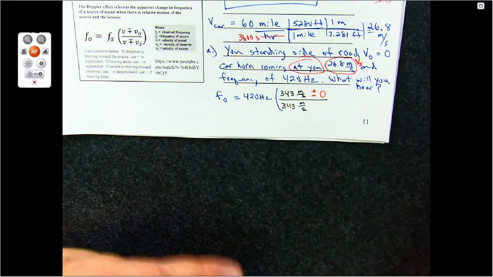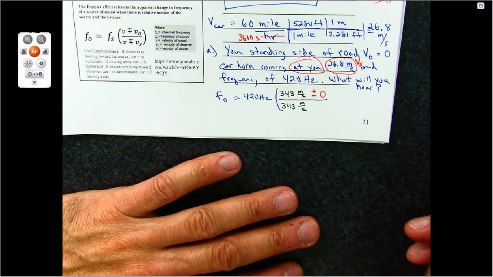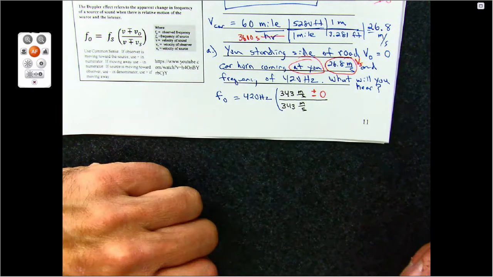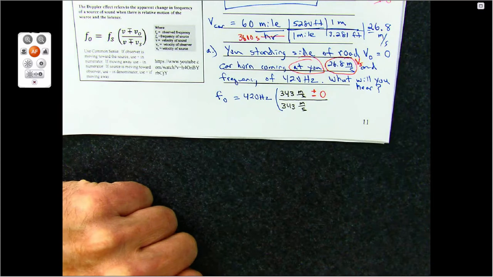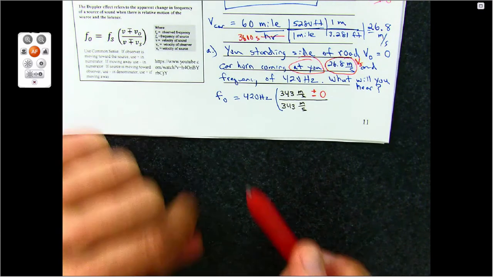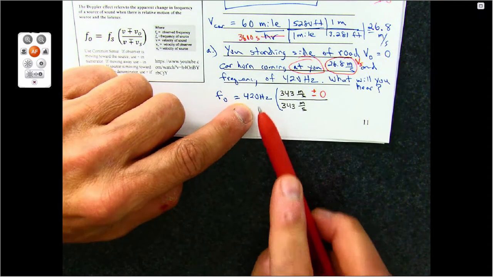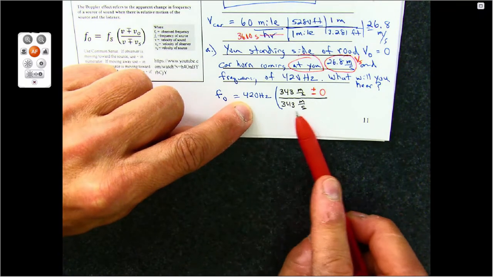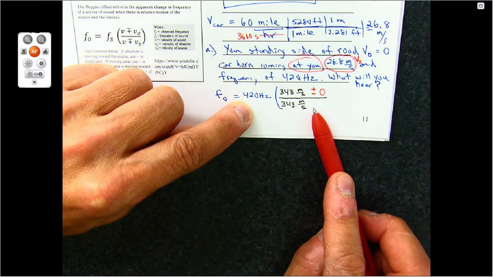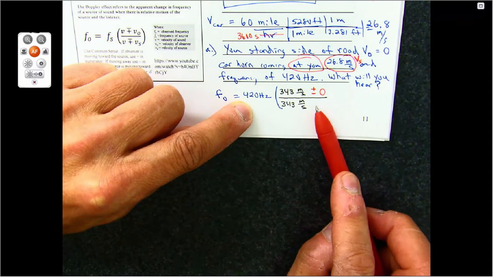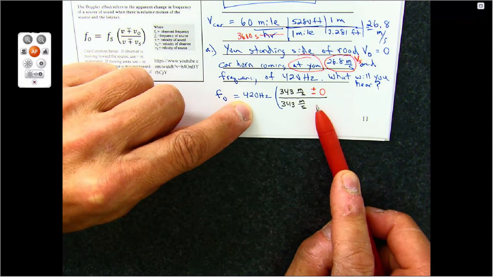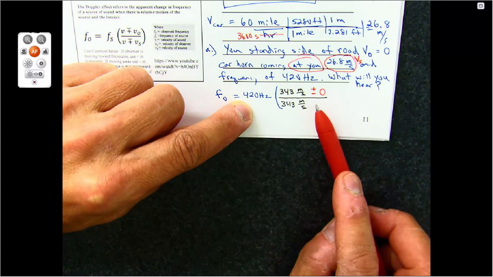Now here's your common sense. First of all, your common sense is you should hear a higher frequency. Your next common sense comes in mathematically. Mathematically, if you want this number to go higher, do you want a proper fraction or an improper fraction? Do you want the denominator larger than the numerator or smaller?